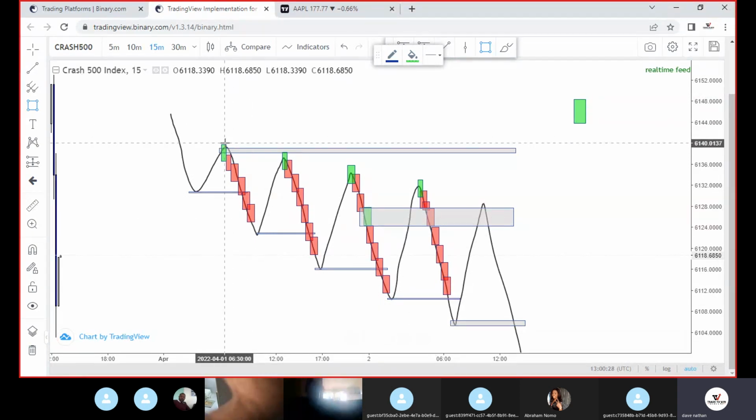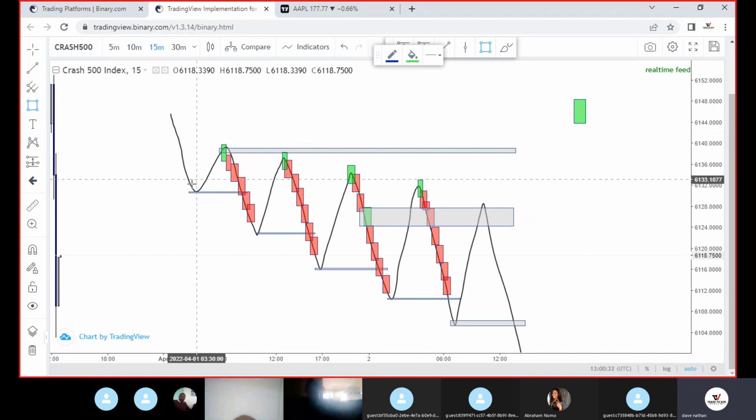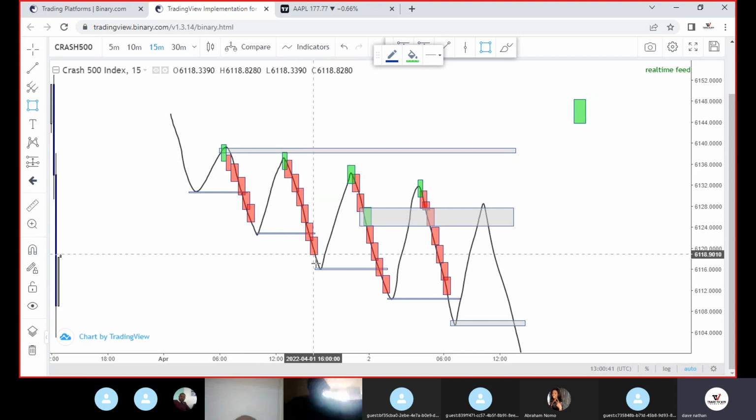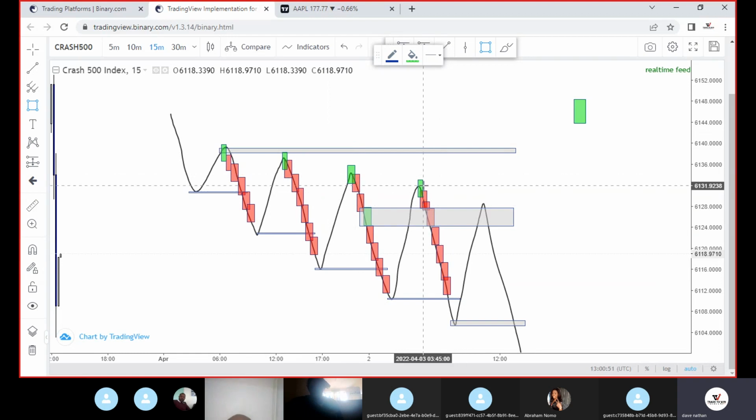Where did the impulsive move start from? For this particular support, the impulsive move started from here. For this support that was broken, the impulsive move started from here, and then from this support. Now when we have identified where the impulsive move started from, we are going to mark off the other blocks.